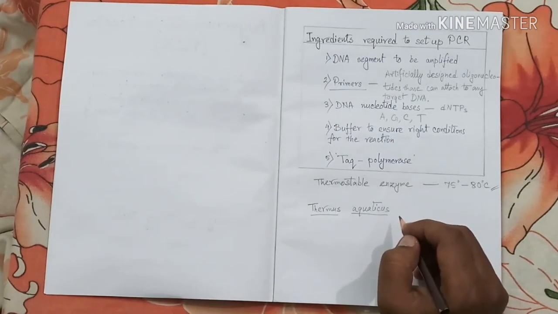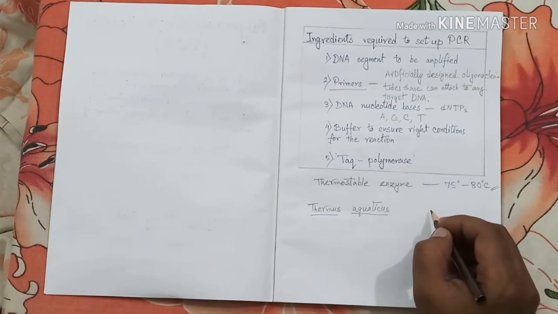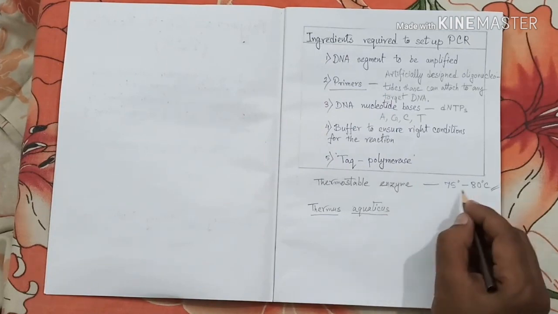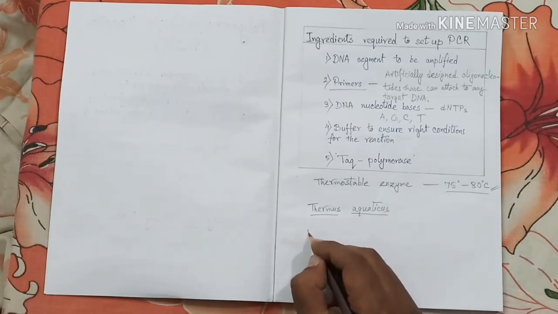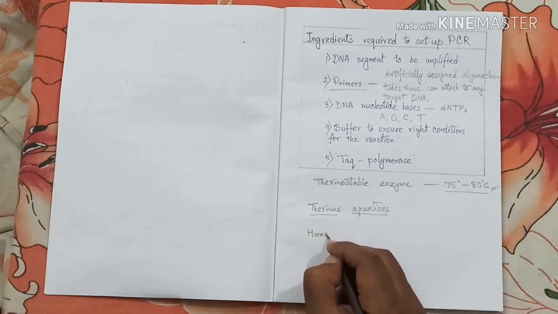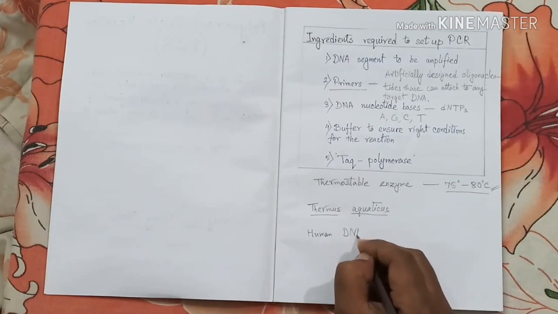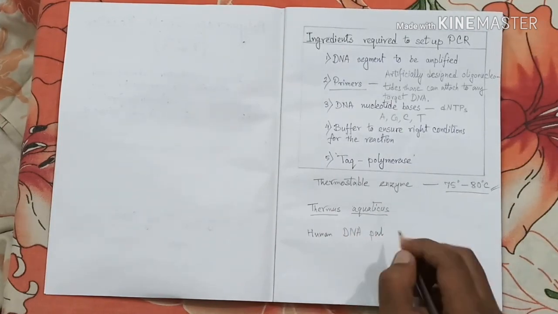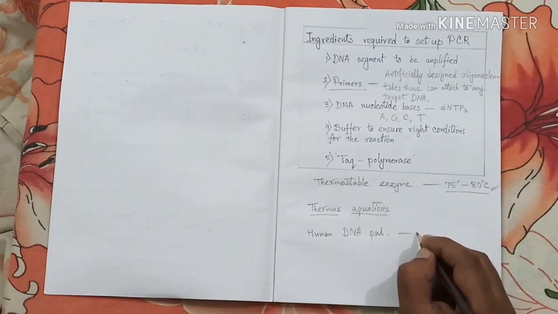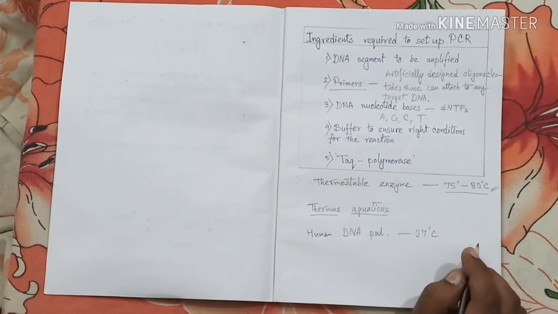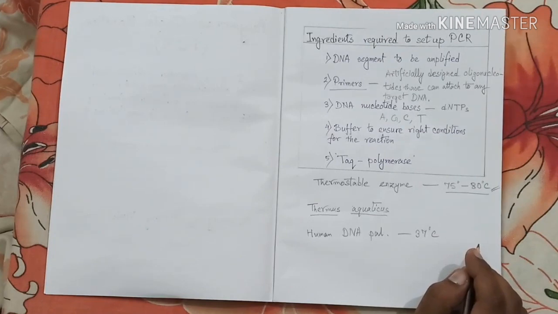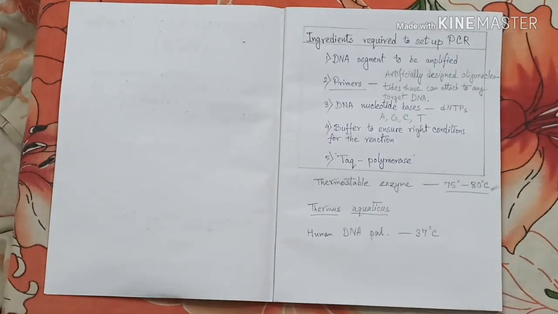This is the only enzyme in the living world that can perform at this very high temperature. Otherwise, we all know that human DNA polymerase can act at around 37 degrees Celsius. So, in that respect, Taq polymerase is highly useful for PCR.